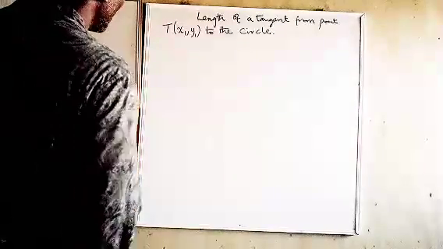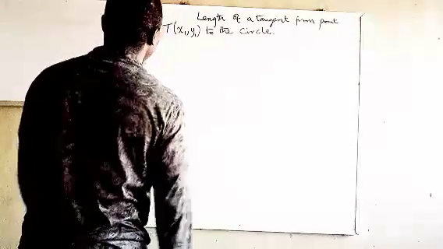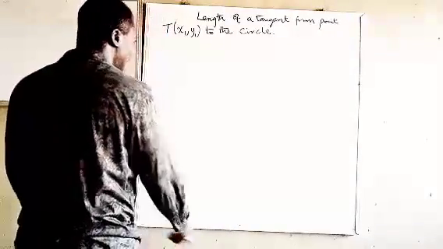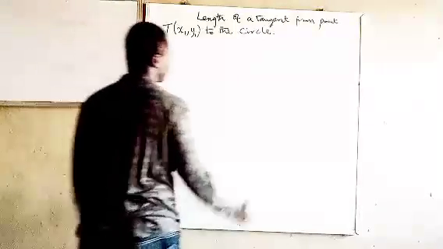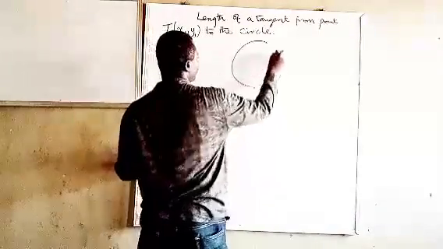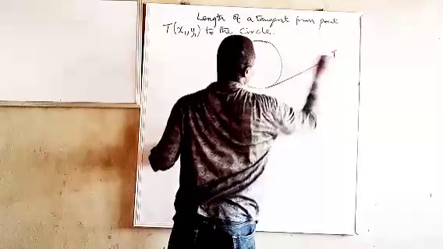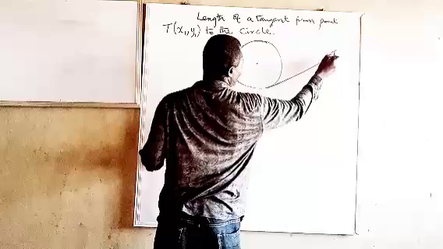Now let's treat the length of a tangent from a point T, x1 y1, to the circle. How do we get this quickly? We have something like this, and we have T, and this is the center.